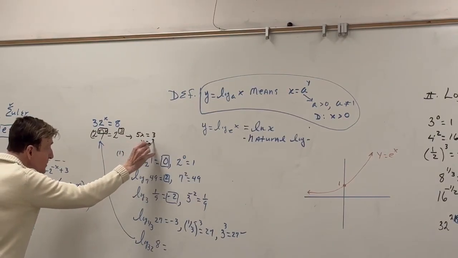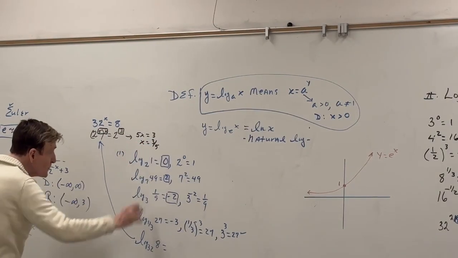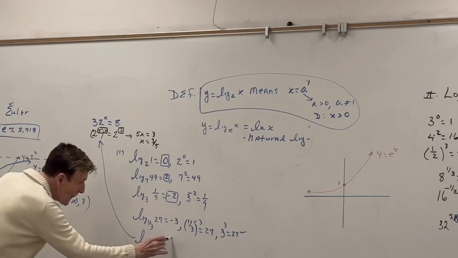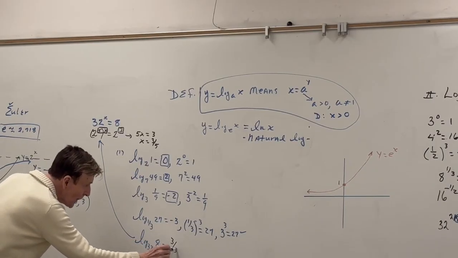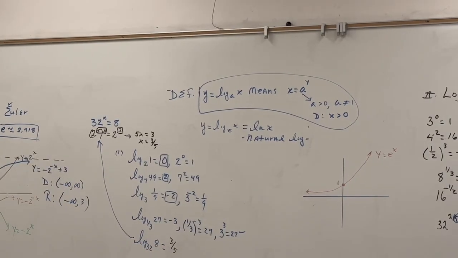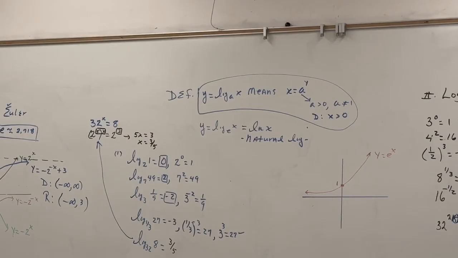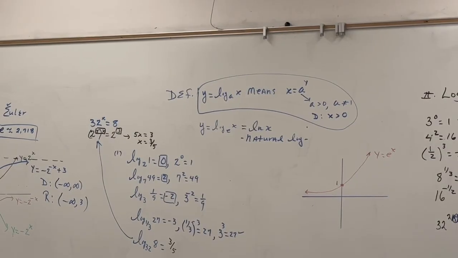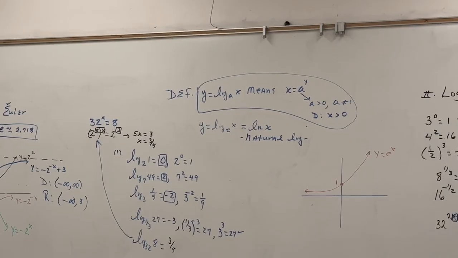And I think, Joseph, did you say 3/5? There's the answer. So guys, for the ones that are a little bit tougher, go ahead on the side there and rewrite it. Do a common base, and then just work it out.